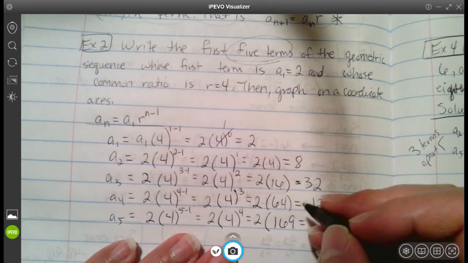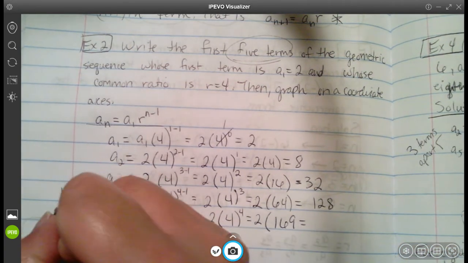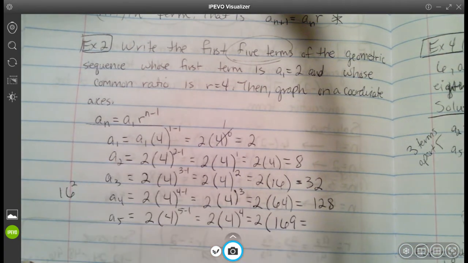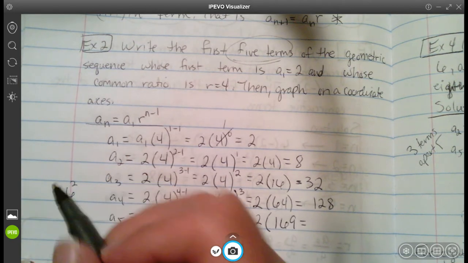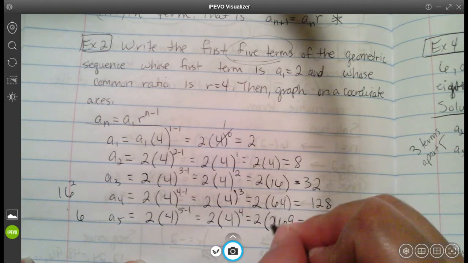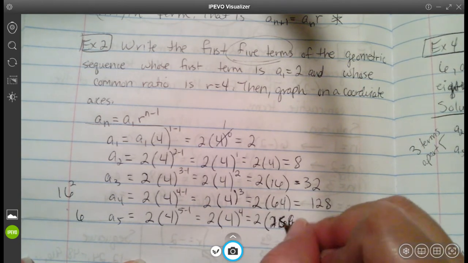Okay. And then, oh, actually, no, hold on. One second. Maybe I misled here. 16 squared, that's going to be 256. What am I saying?